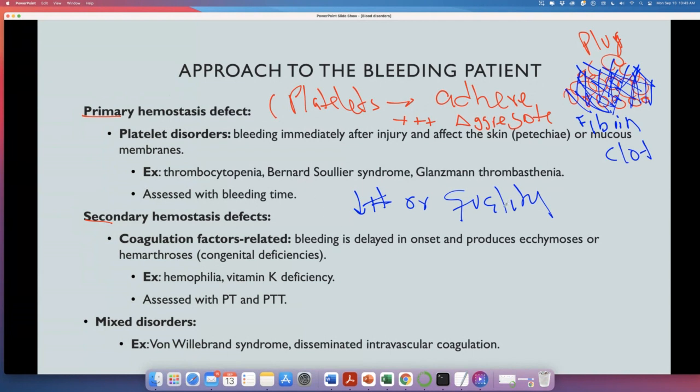When someone has a platelet type bleeding or a primary hemostasis disorder, they tend to bleed immediately after an injury, and typically the bleeding is superficial. Can be petechiae or can be bleeding into the mucous membranes like epistaxis. Bleeding gums, epistaxis, may have increased menstrual bleeding. Okay, and as a general rule, prolonged bleeding time.